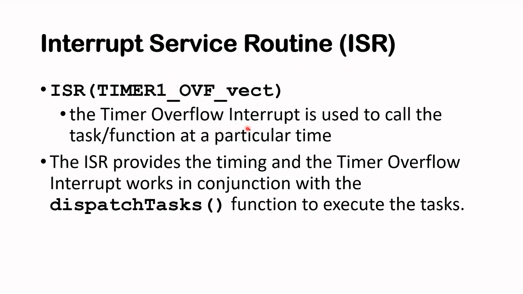So the timer overflow interrupt is used to call the task or the function at a particular time. Basically, this ISR is used to generate the ticks that will drive the scheduler. So the ISR provides timing, and the timer overflow interrupt works in conjunction with the task dispatch task function to execute the tasks.